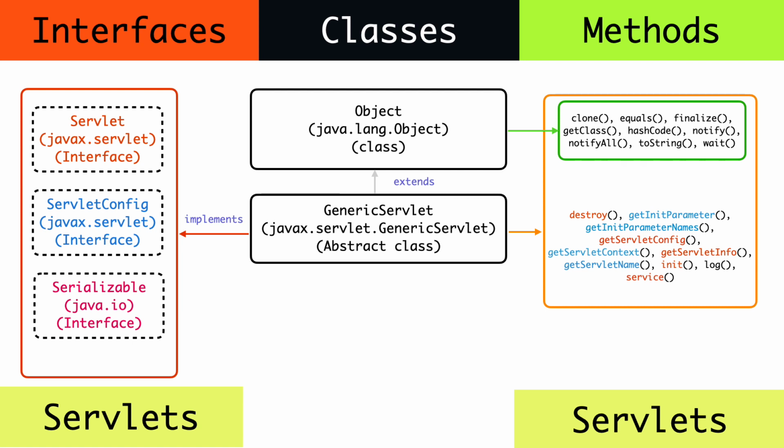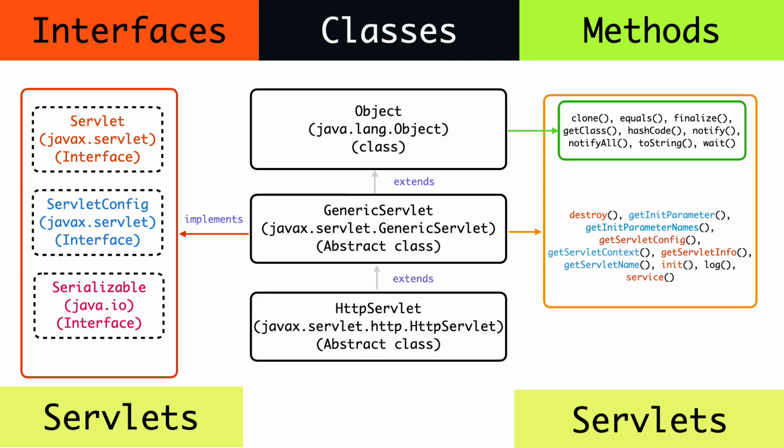All these are different methods. The methods given in blue color, like getInitParameter, are inherited from ServletConfig, and the methods given in orange color are inherited from the Servlet interface. In this way, the GenericServlet abstract class contains the methods which are defined by these interfaces, and also the methods which are inherited from the Object class.